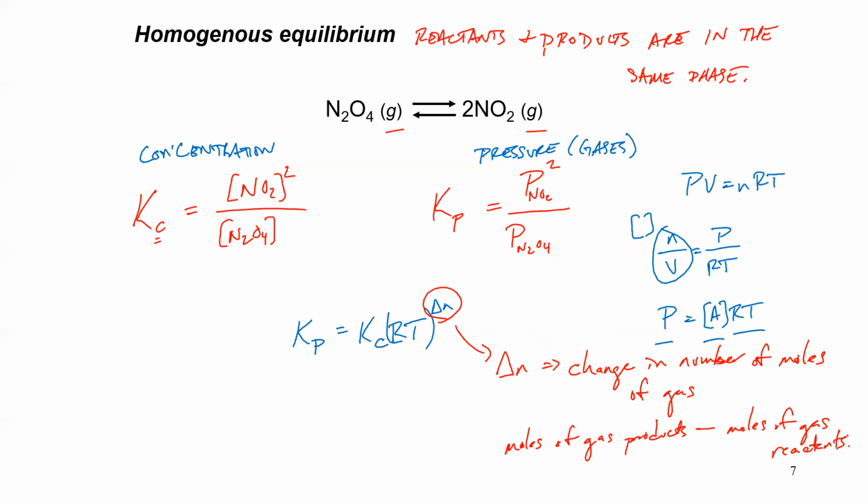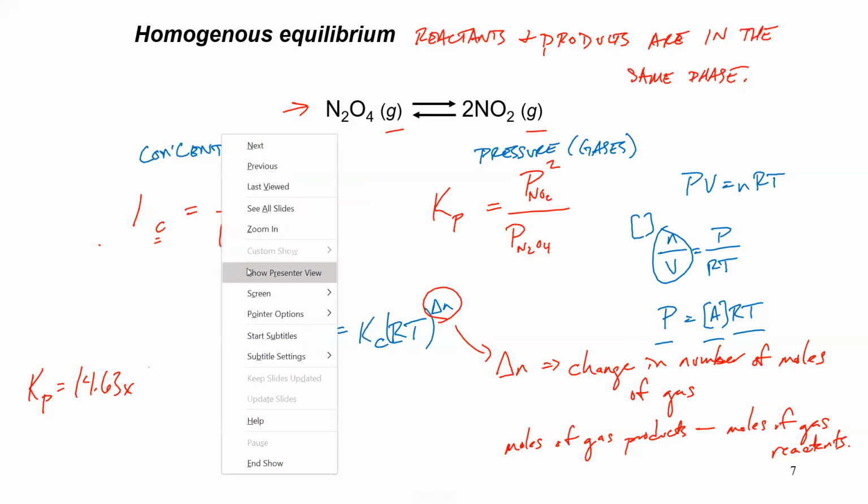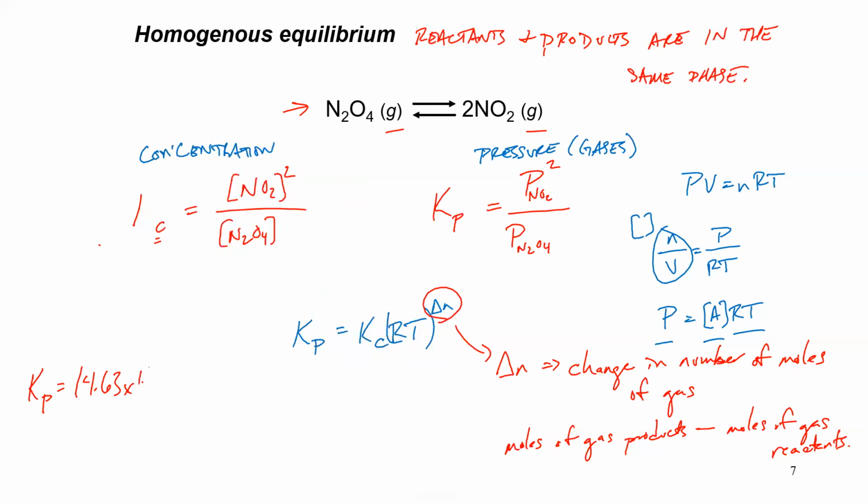And so for N2O4, we can do this math. We know R, we know T, we know Kc from the table. And so let's do this real quick for N2O4 for this reaction. Kp is equal to 4.63 times 10 to the negative 3, times... Right.